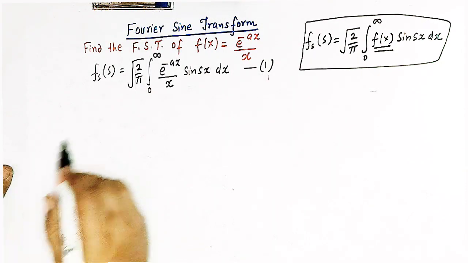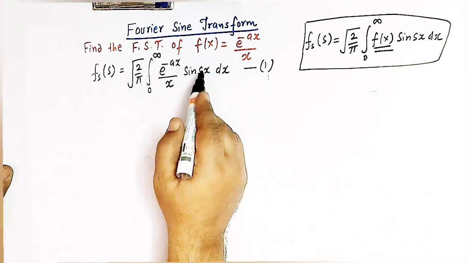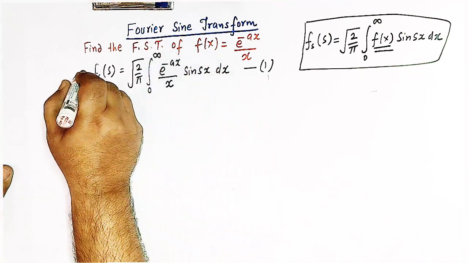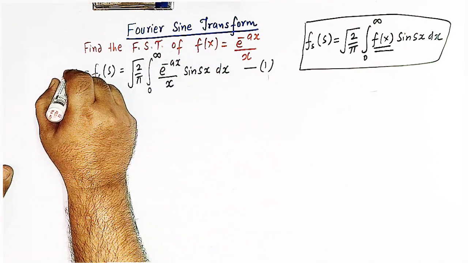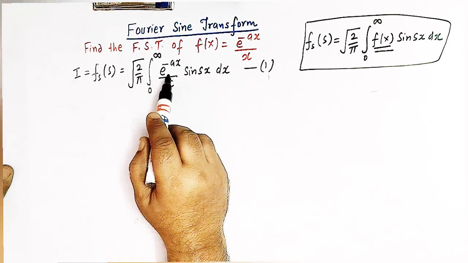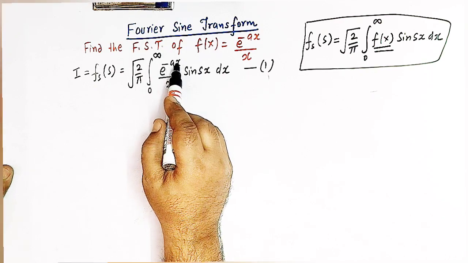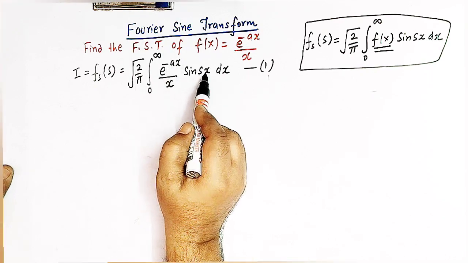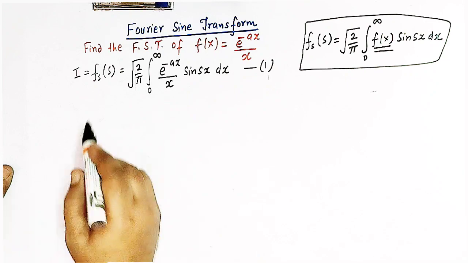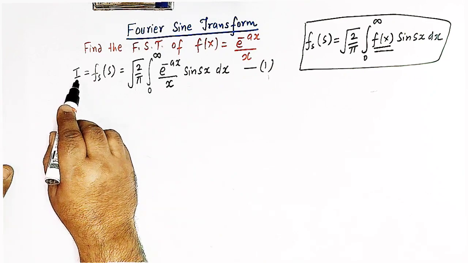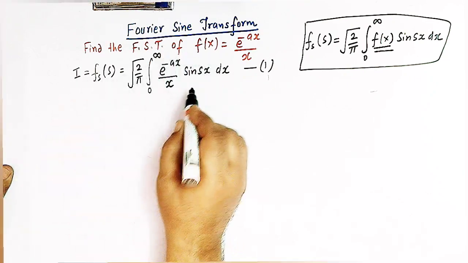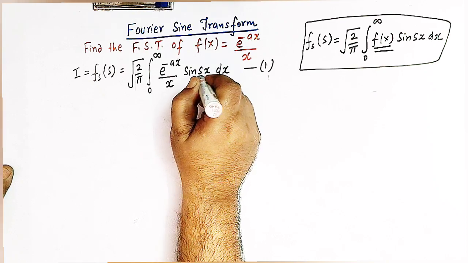Now let us denote this expression by the letter I, where our integrand is e raised to minus ax over x sine sx dx. So let us differentiate this integral with respect to s.